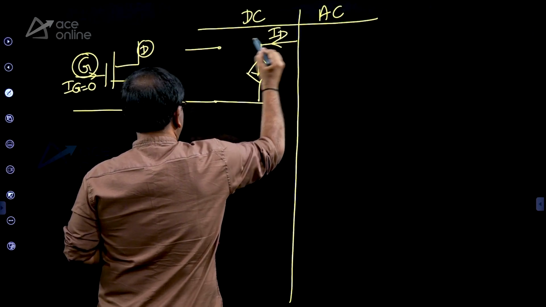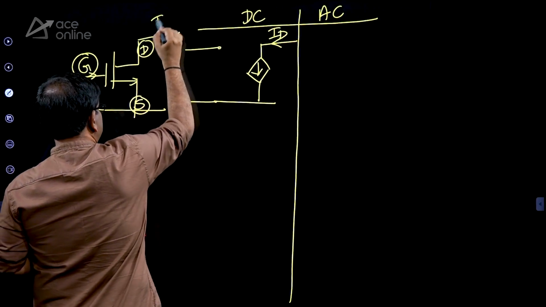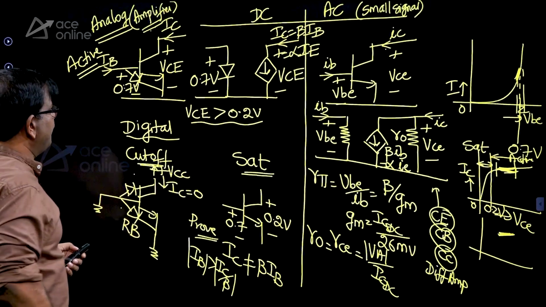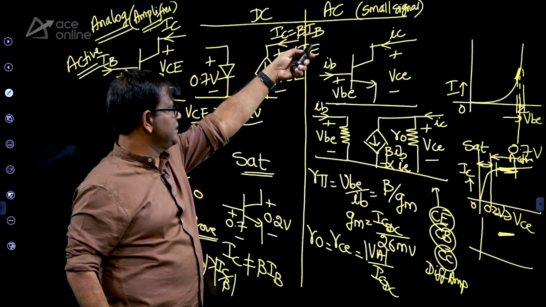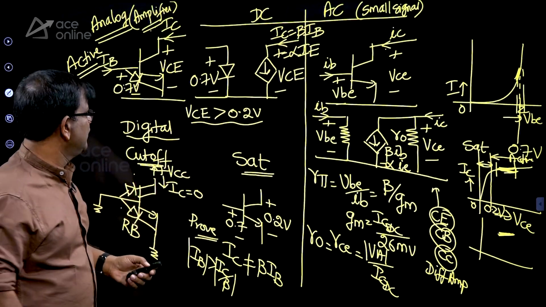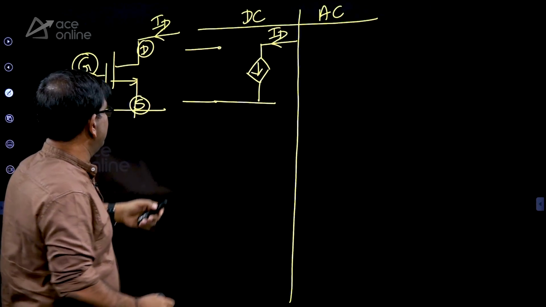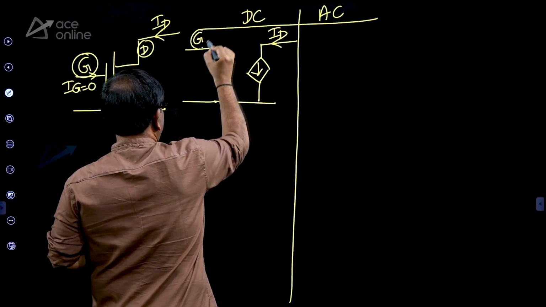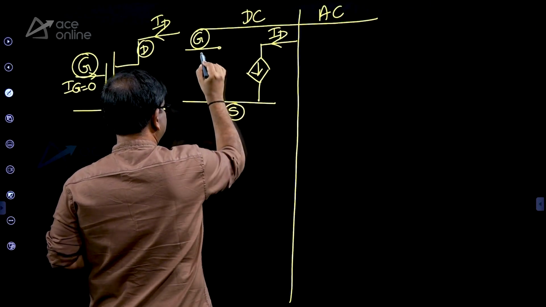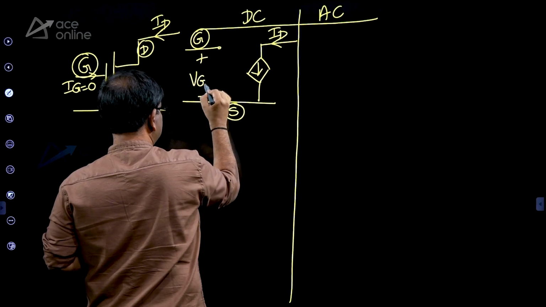And what is ID in a MOSFET? The device equation for a BJT is IC is beta IB or IC is alpha I. This is given by the manufacturer. So, similarly, the manufacturer's equation. So, here you have VGS.